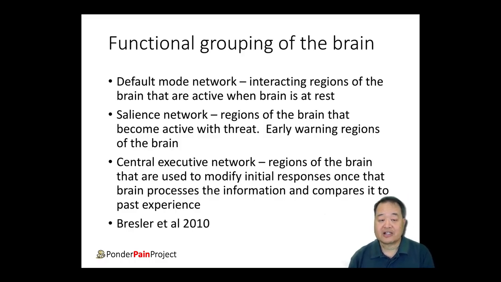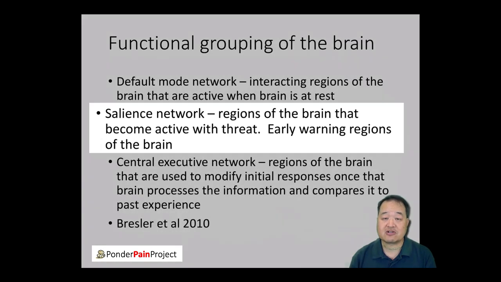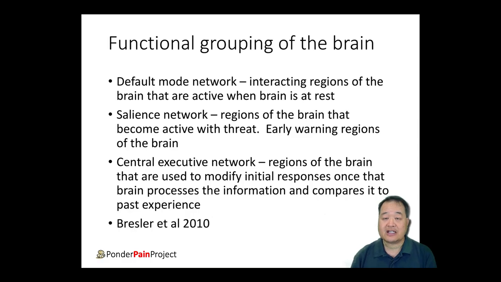So, beyond that default network that is active at all times, they've come up with a classification called the salience network. The salience network is responsible for monitoring information. It's kind of like our body's early warning system. If a pain signal or a nociceptive signal comes up from the periphery, it will take it and start to activate areas of the brain.